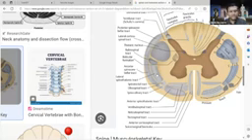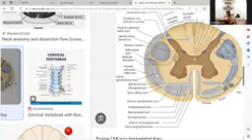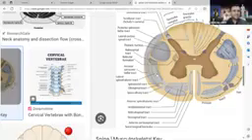The main function of these fibers is related to the spino-visual reflex. Just one line you have to remember: which tract of the spinal cord is related to the spino-visual reflex? The spinotectal tract.